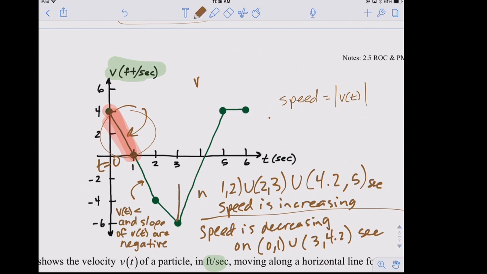We're going from -6, so we're going up to another point on the line, which would be 4. So from -6 to 4 would be up 10. And over from 3 to 5 would be what? 2. So up 10 over 2 is a slope of 5.